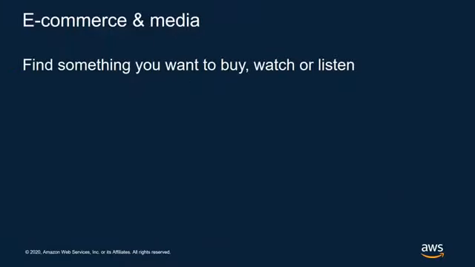So one of the many use cases that I see when I'm working with customers is in e-commerce and the media space. Now, when you look at e-commerce and media activities, and my demo will cover a media solution, you're basically wanting to find something that you either want to buy, or a movie that you want to watch, or music that you want to listen to. And they typically follow a similar pattern.